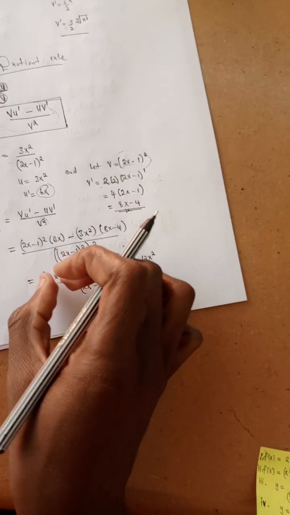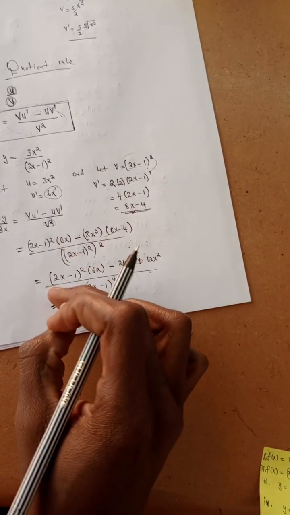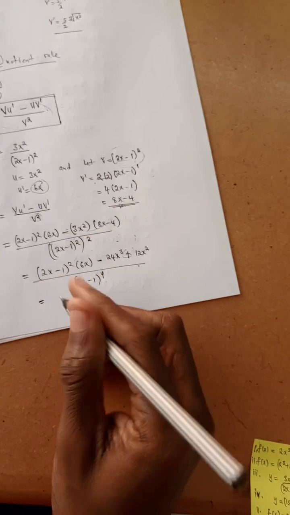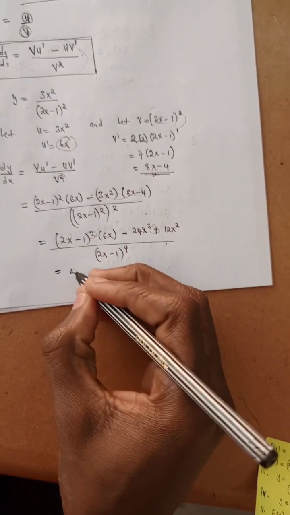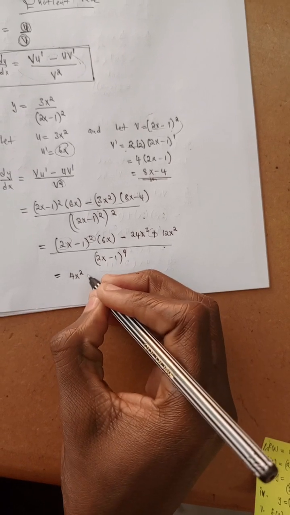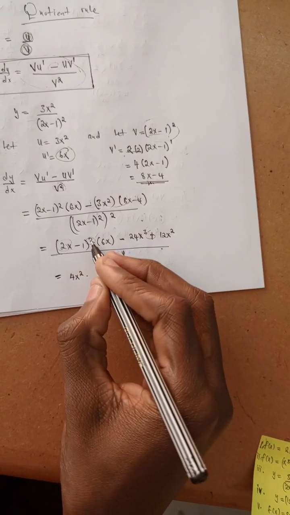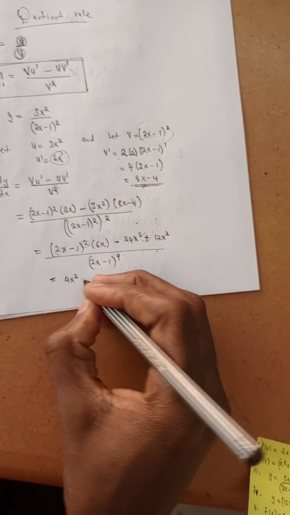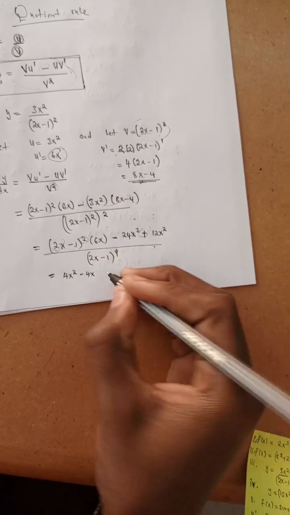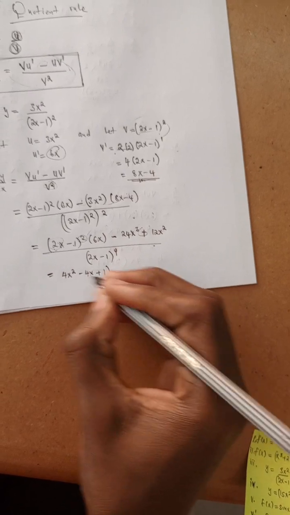Well, this is simply as writing 2x minus 1 two times, but we'll say 2x to the power 2 plus 4x squared, then 2 times 2x is 4x times negative 1 is negative 4x plus 1.